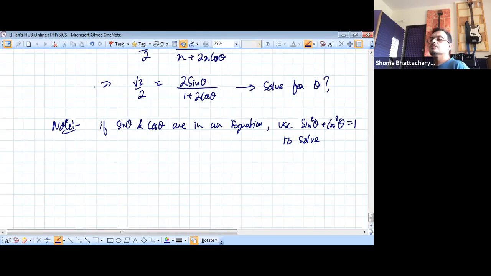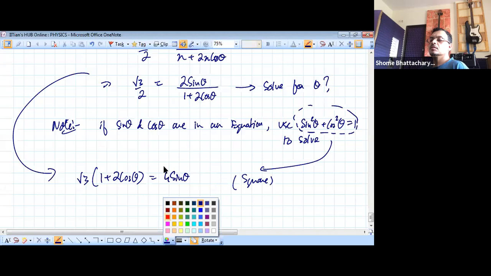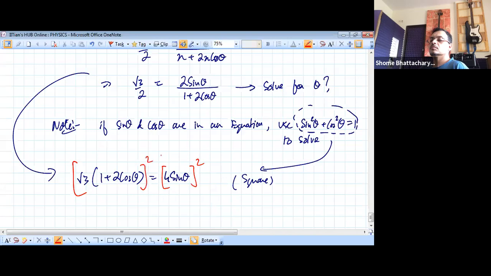Cross multiplying, and to make use of this, we square both sides. On squaring, it becomes 3 times 1 plus 2 cos theta whole square is equal to 16 sine square theta. And now we bring in that sine square theta is 1 minus cos square theta.